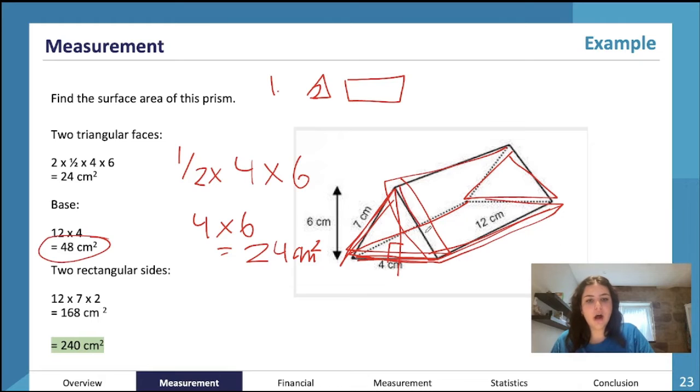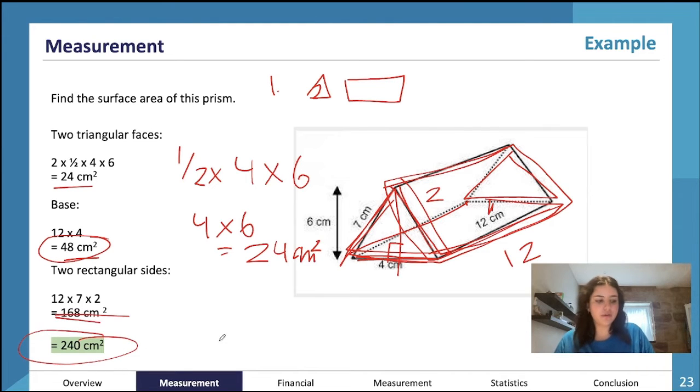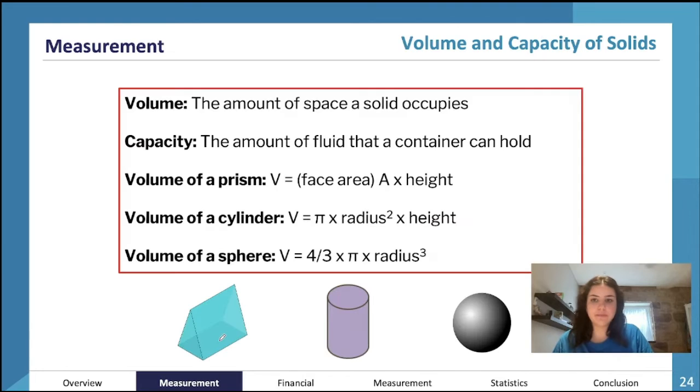And then we have 2 higher rectangular sides. So 12 times our 7 side here. 12 times 7 times 2, because there's 1 here and 1 here. We get 168 centimeters. So if we add together 24, 48, and 168, our answer is 240 centimeters squared.